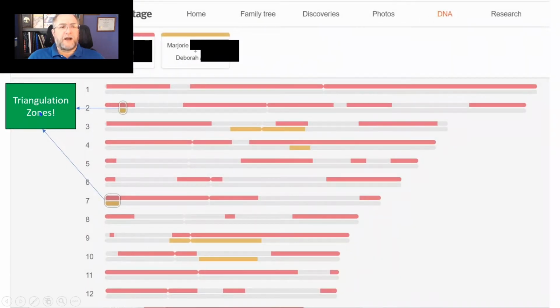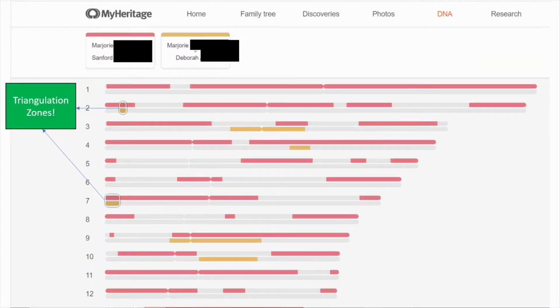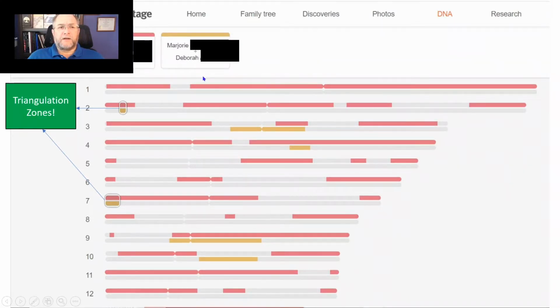These are considered triangulation zones. That means the DNA in these sections match all three of these people, Marjorie, Sanford, and Deborah, in the same location with the same half data. On MyHeritage, it means that there is a match for these three individuals.